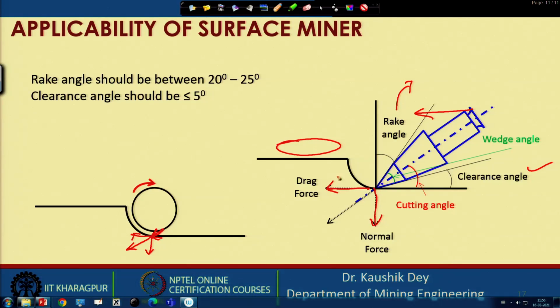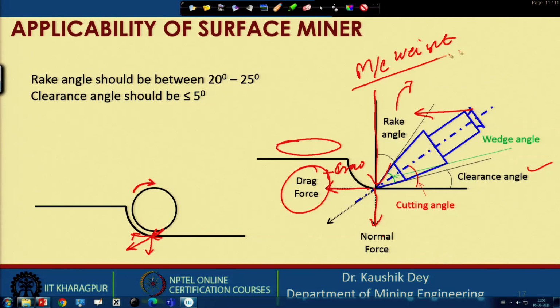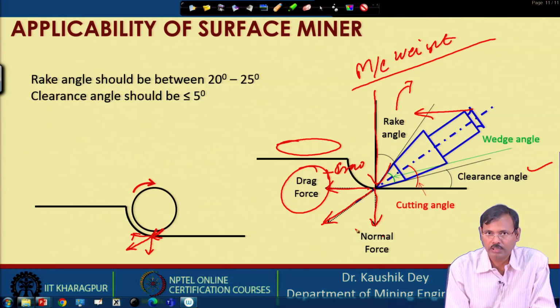So, the normal hitting force plus the drag force given by the crawler, and along with that the machine weight is also working at this position.